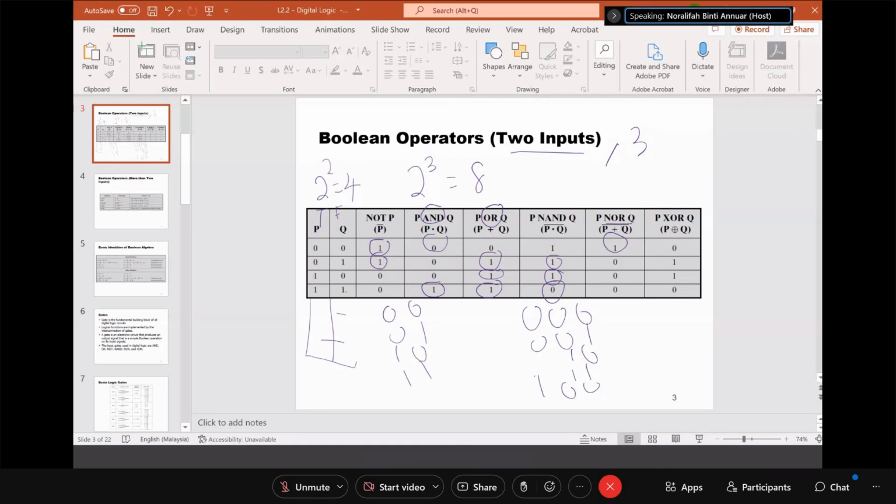What about this one? 0 or 1, the answer is 1 for OR, but NOT 1 is 0. This one, 1 or 0, the answer is 1 for the OR operation, then NOT 1, the answer is 0. And this one, 1 or 1, the answer is 1, but NOT 1, the answer is 0.